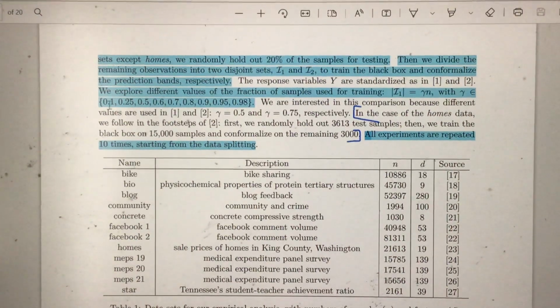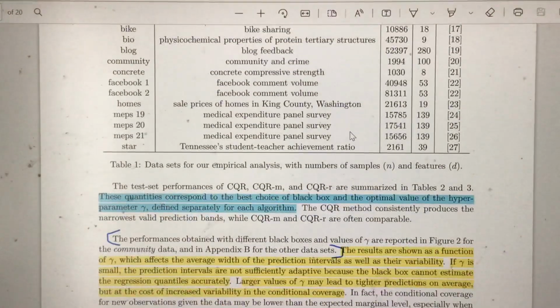The home data will be used here. They use 3,613 test samples, train the black box on 15,000 samples, and conformalize on the remaining 3,000. They repeat this 10 times, starting from the data splitting.